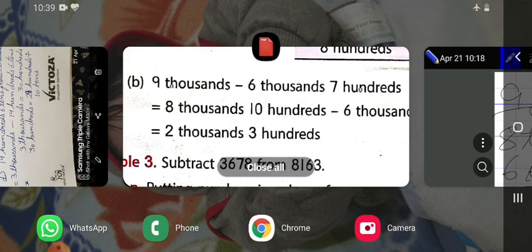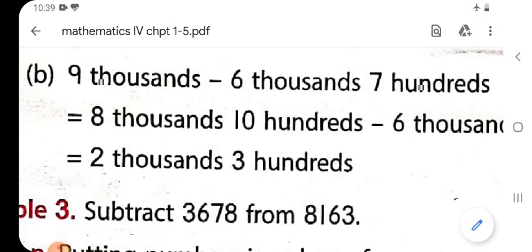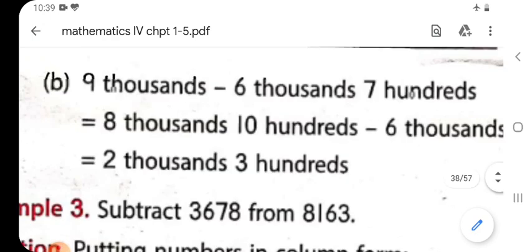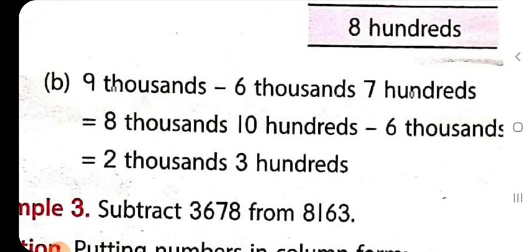As it is given here, first of all, what we have done is we have changed the 9000 into 8000 and 1000 by taking out 1000 from the 9. If we take out 1000 from the 9, it will remain 8000, and that 1000 is equal to 1000.